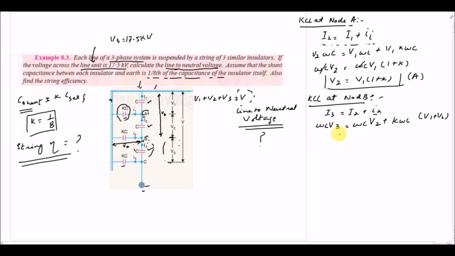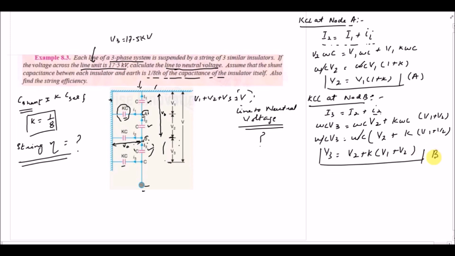After solving this, omega C V3 is equal to omega C, taking omega C common, V2 plus K into V1 plus V2. Omega C will cancel out and V3 is equal to V2 plus K into V1 plus V2. This is your equation B.